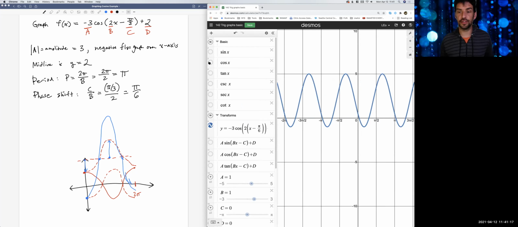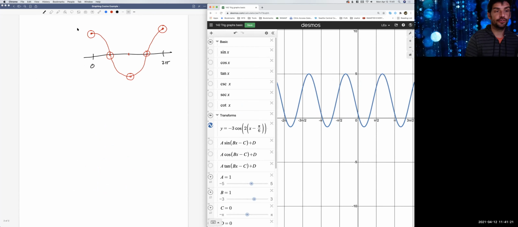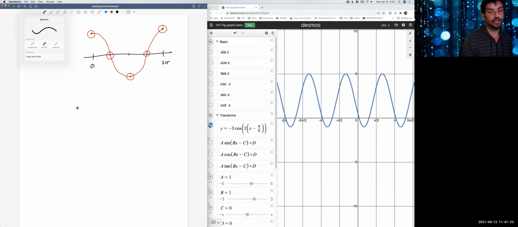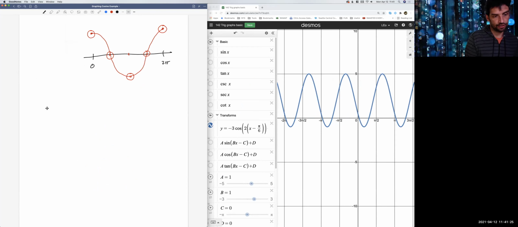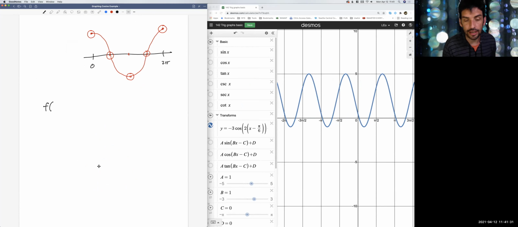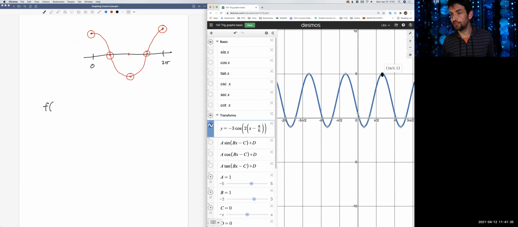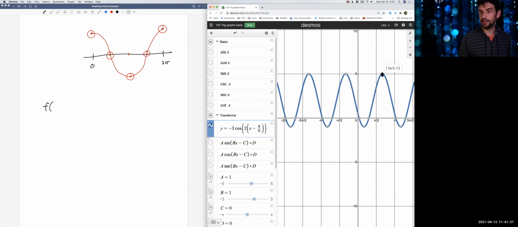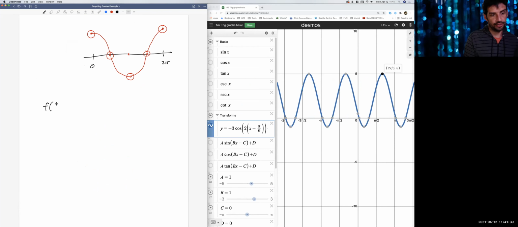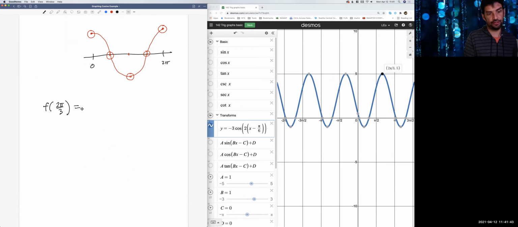Especially when you're new doing these, if this is one of your first times dealing with these kinds of things, a very simple thing to do is plug in a point. So for instance, we said, what was our max point here? 2/3 pi. So let's evaluate f at 2/3 pi.